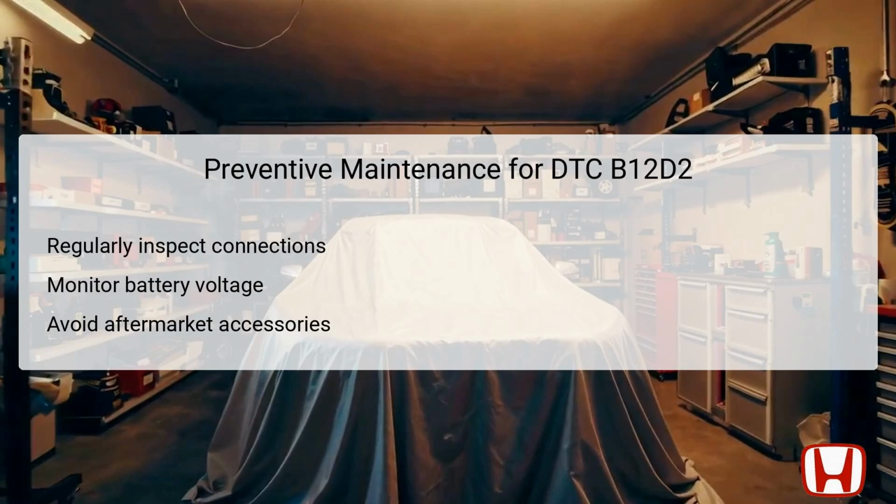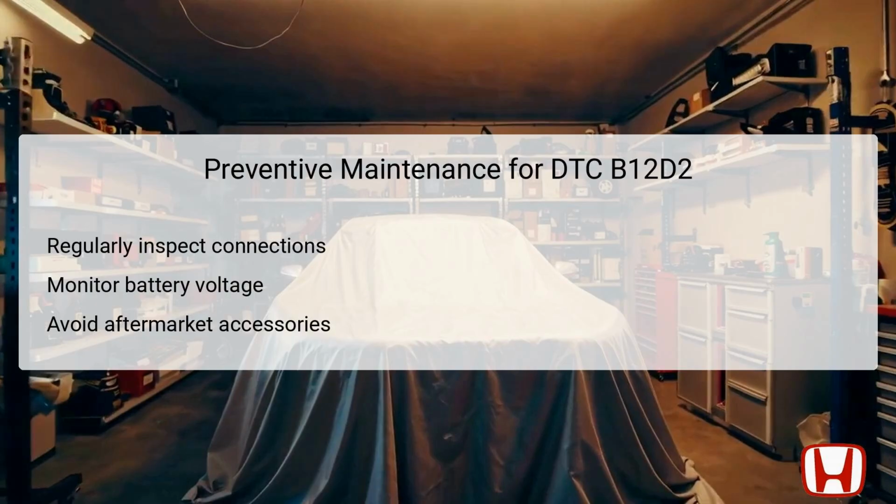Furthermore, it's advisable to avoid the installation of aftermarket accessories that may inadvertently interfere with the vehicle's electrical systems. Consistent monitoring and proactive checks will reduce the risk of future circuit errors and ensure that your Honda Accord remains in optimal working condition.